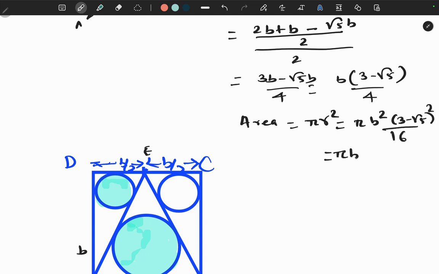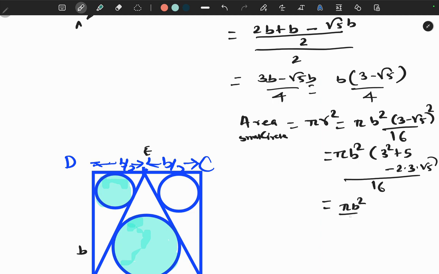So pi b squared, (3 minus root 5) whole squared gives me 9 plus 5 minus 2 into 3 into root 5, divided by 16. This is the area of one of the smaller circles. So this becomes nothing but pi b squared by 16 times (14 minus 6 root 5).